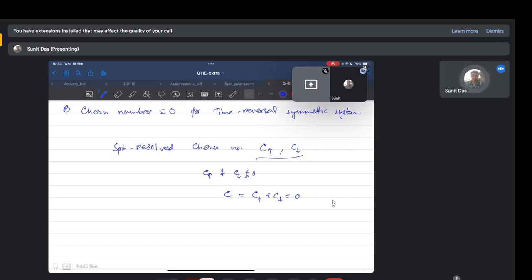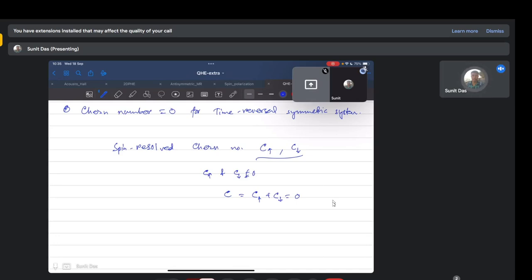So each edge state should be complemented with another edge state with opposite spin, so that when we add C up and C down they are zero, but individually they may not be zero.